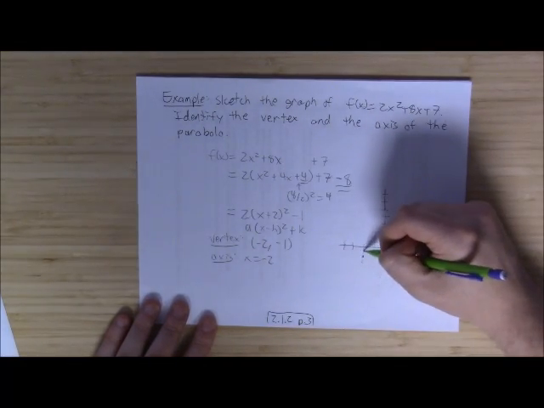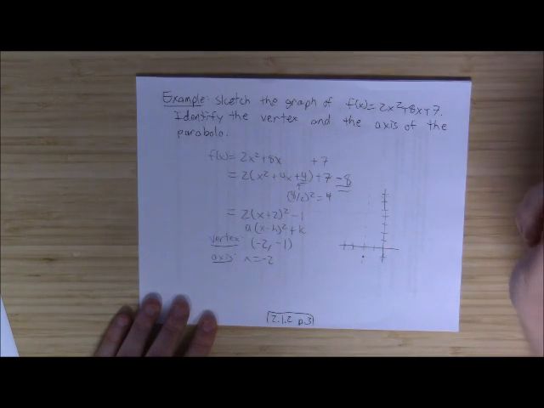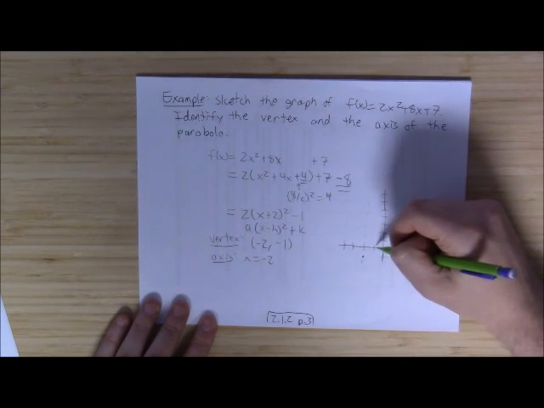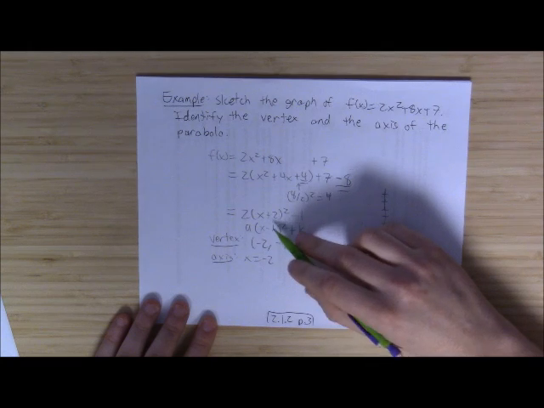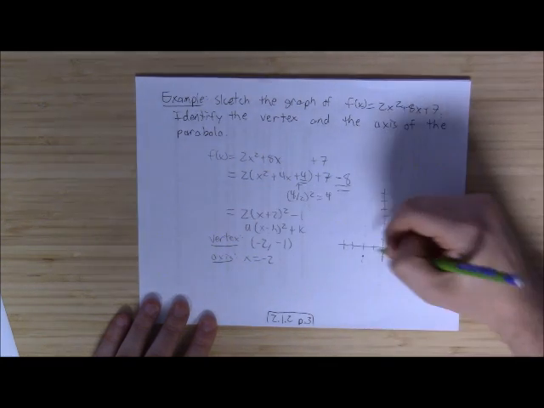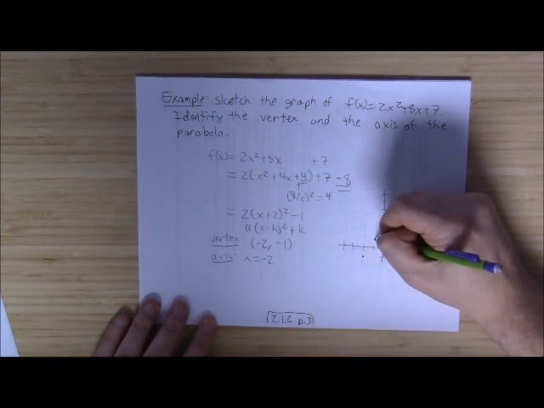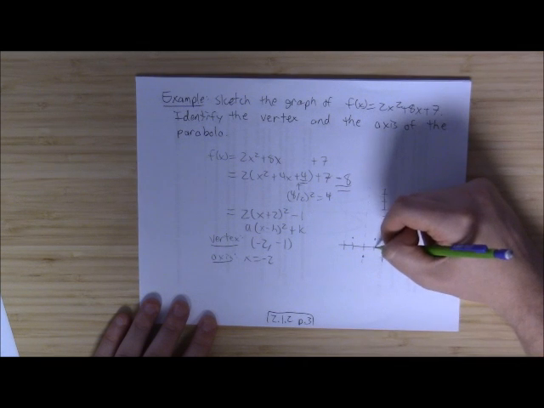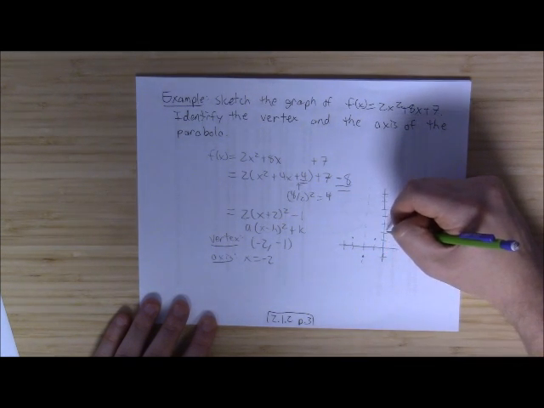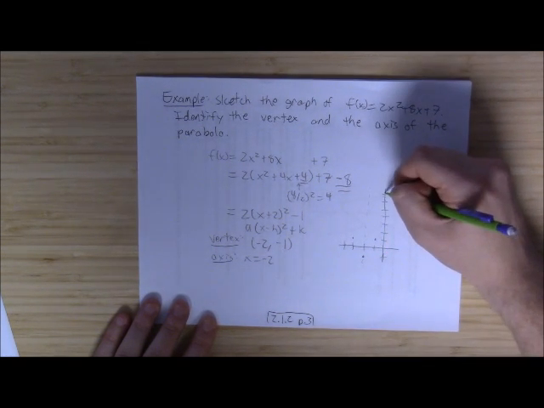We see that our axis of symmetry is there. We also know that we double it now, because a is equal to 2. So instead of going up 1, we go up to 2. Instead of 2 away being up at 4, we would double it to get up to 8.